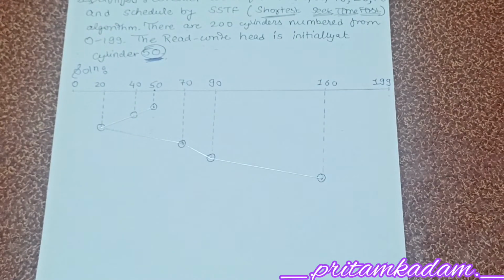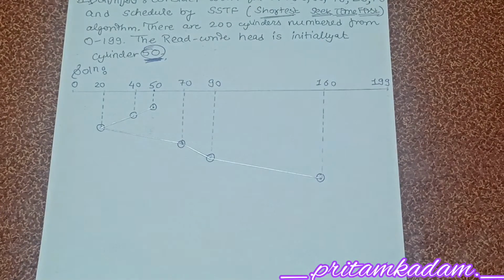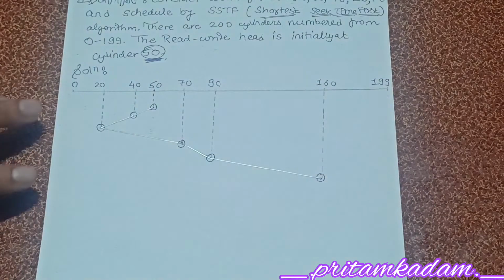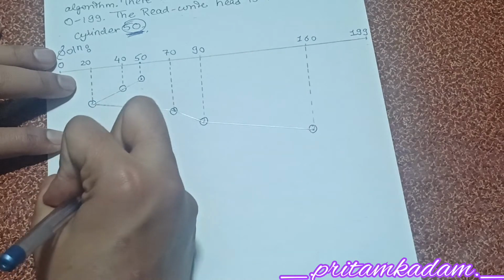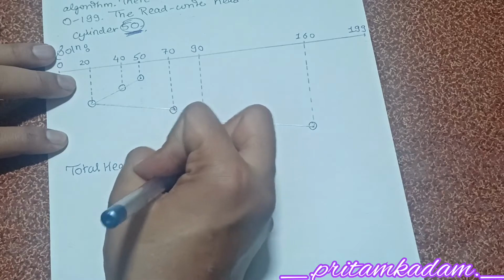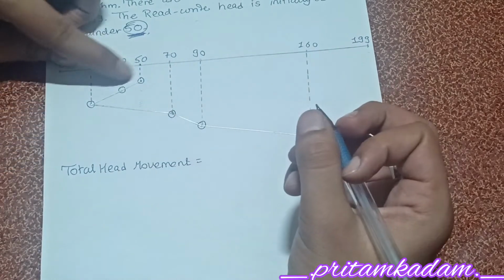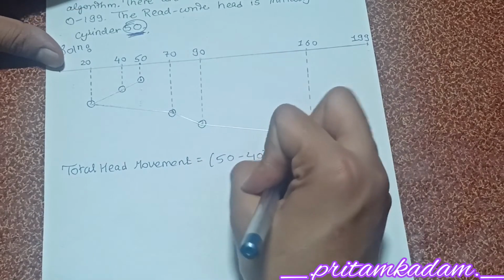Okay, so now we will have to calculate the total head movement, which is just the number of tracks it took to move from one request to the next one, and we will just add the differences between both. Okay, so let us start writing the total head movement now. Initially it was at 50 and it went towards 40, so we will have the difference of 50 minus 40.